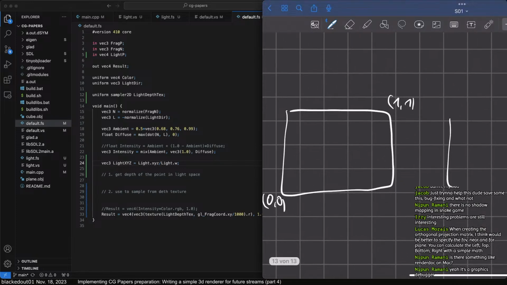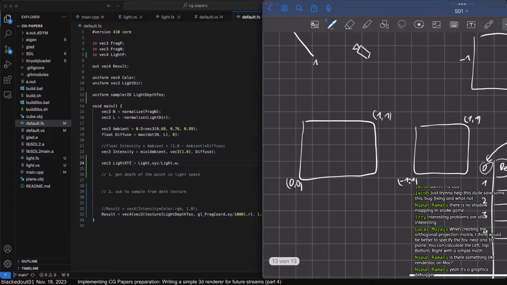So what this point is defined in is this here: -1, -1, 1, 1. So this is texture, and this is NDC. This is what we have, and we want to convert to this one. So what we can do is just add 1 to get 0 here, and then we have 2, 2 here, and then we can divide by 2.